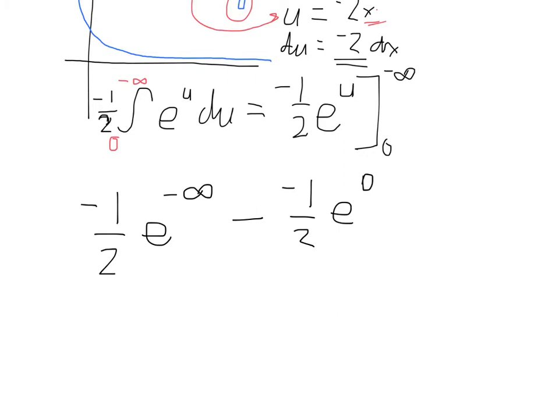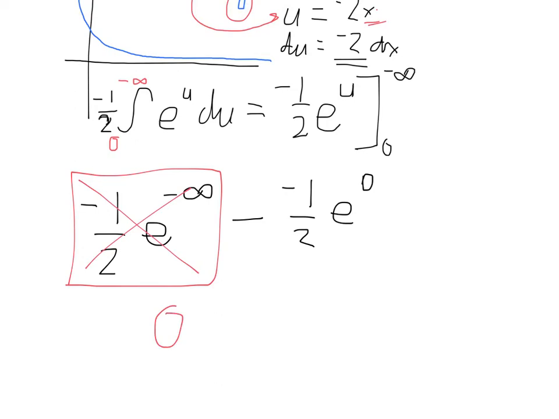E to the -infinity is effectively 0, and 0 times -1/2 is 0. So that entire first part is just 0, minus a negative 1/2, which becomes plus 1/2 times e to the 0. E to the 0 is 1. Final answer then is 1/2.